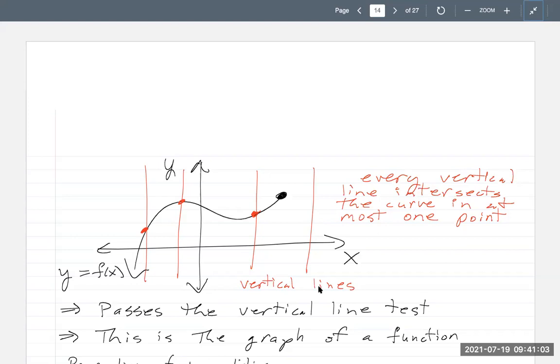Students, when they first try to graph complicated rational functions, have an unfortunate tendency to draw things that do not pass the vertical line test. And so we know automatically that whatever you've drawn is incorrect, because if you're graphing a function, it must pass a vertical line test. If it doesn't pass a vertical line test, you're wrong. It's not the graph of a function. You have done something incorrectly.